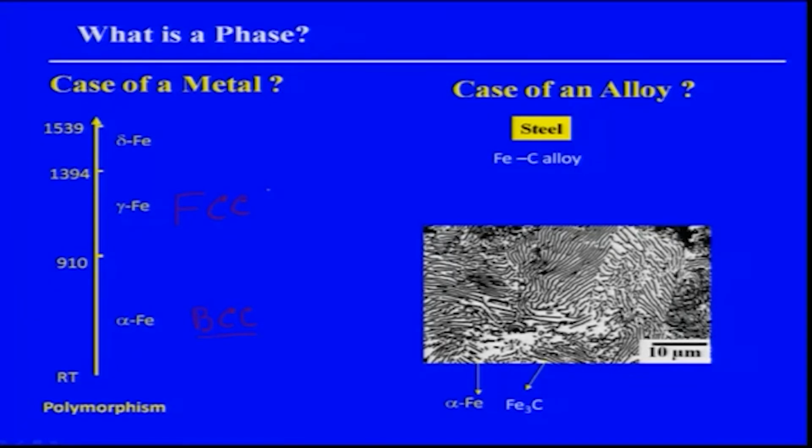Alpha becomes gamma, and this gamma iron remains stable till 1394 degrees Celsius. Above 1394 degrees Celsius, again it transforms to a BCC iron known as delta. So, you can see clearly in a single solid, different phases exist in different crystal structures.